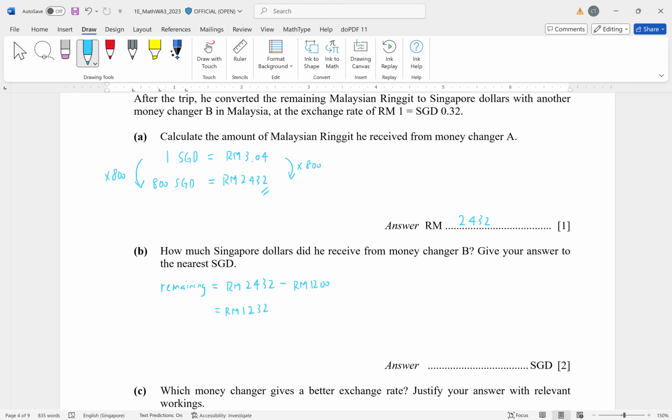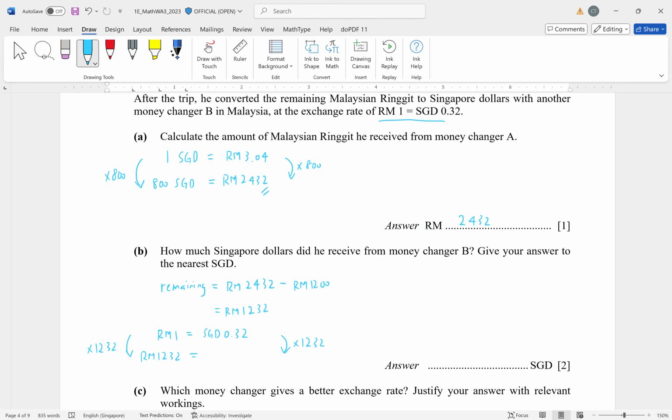The exchange rate is given to us over here. So we'll do the same thing. RM 1 is equivalent to SGD 0.32. Now if I want to change back RM 1,232, I multiply by 1,232. It's actually the same technique as part A, times 1,232.